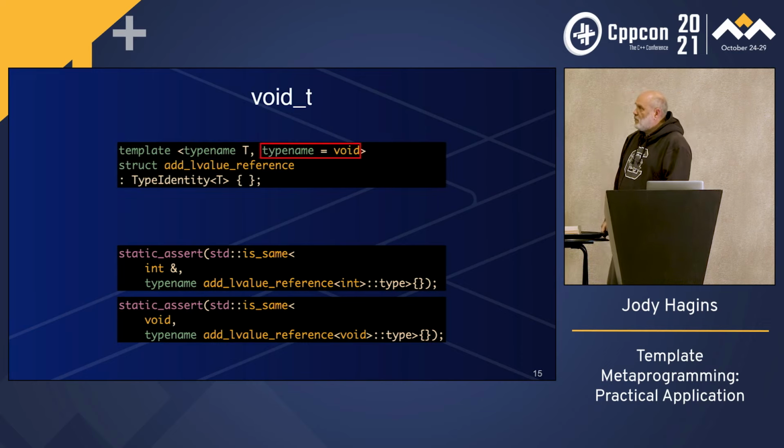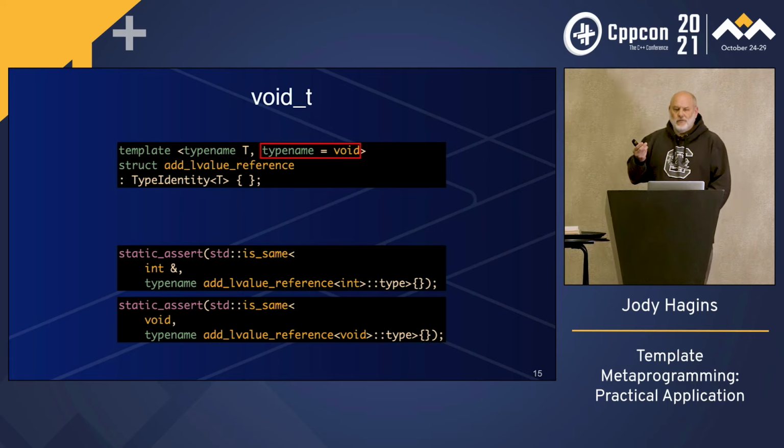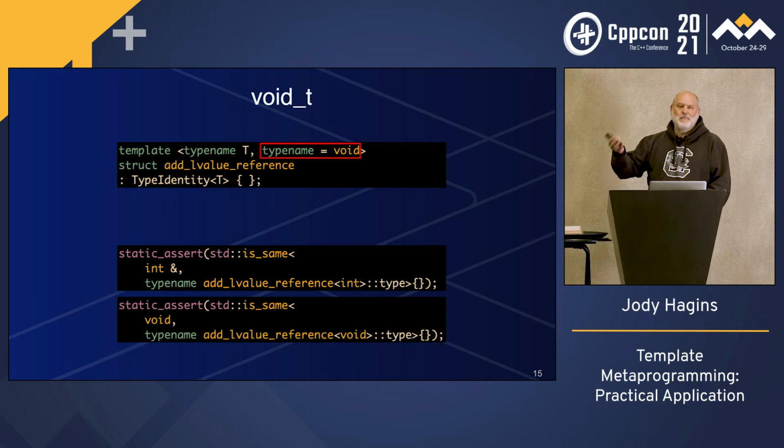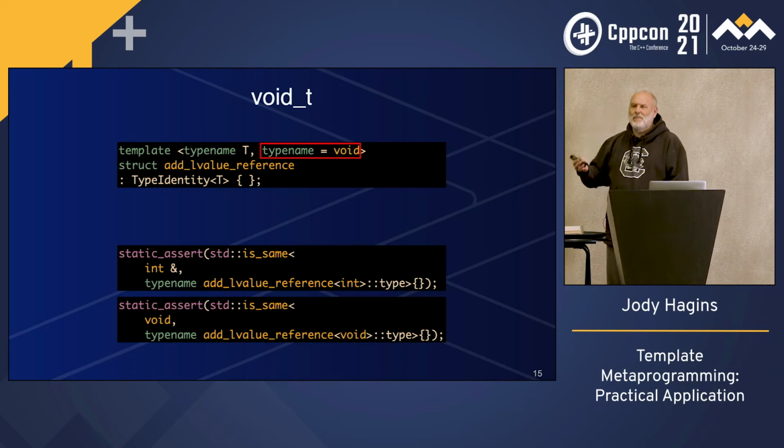So this primary template has two parameters. The second one defaults to void. And note that it will return whatever type we give it because it inherits from type_identity. And remember, type_identity just says that its type is the type you give it.